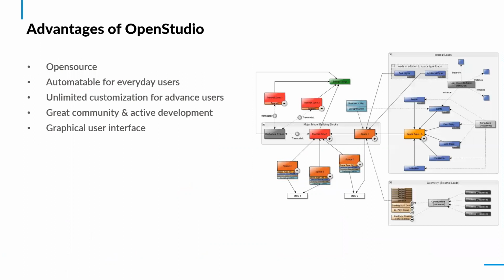So a few advantages of OpenStudio. I'm sure a lot of you have used OpenStudio and are very familiar with it. Some key advantages, of course, it's open source. Some awesome things about that being open source is it's very automatable.